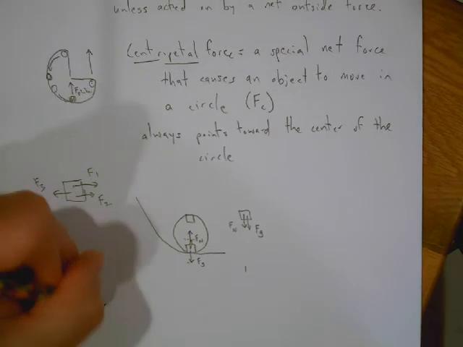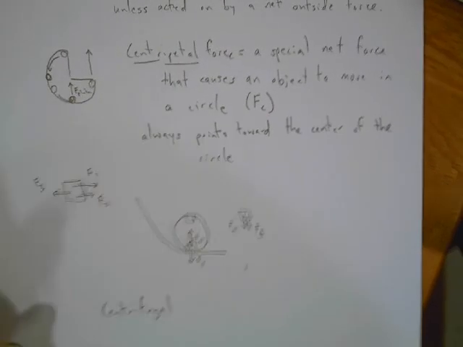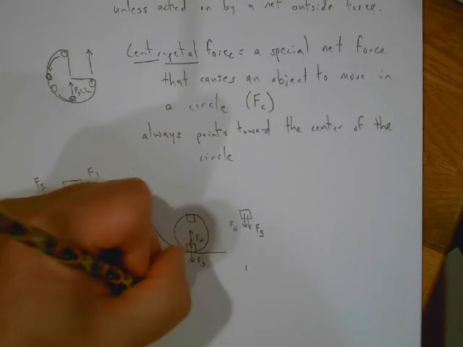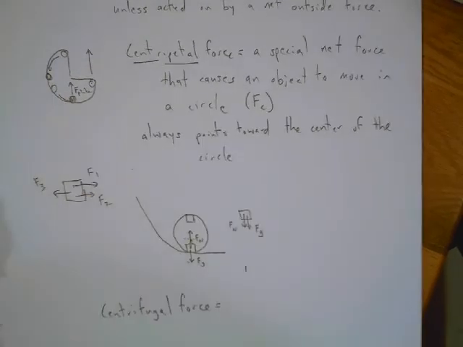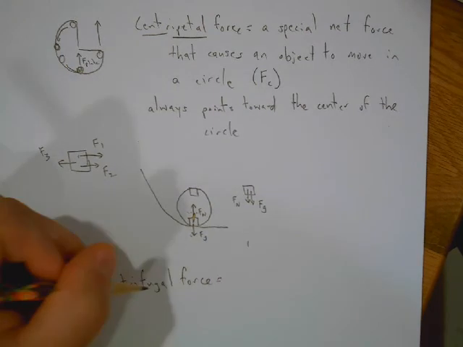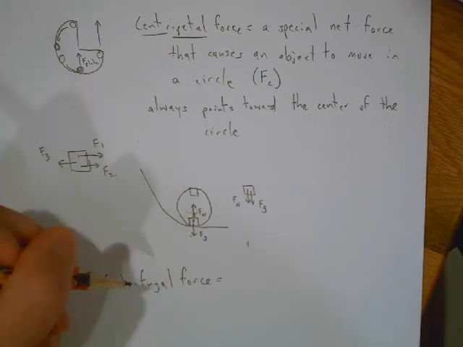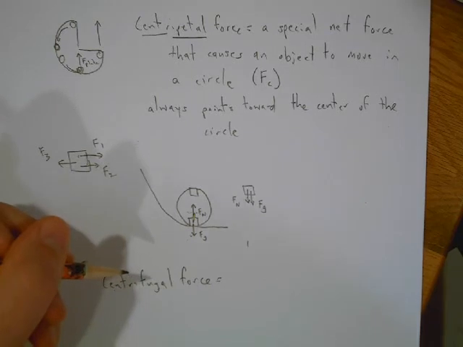The reason that we don't use the F word is what's called centrifugal, and I'm going to say it right now, but we're going to stop saying it in a minute, means away from the center.